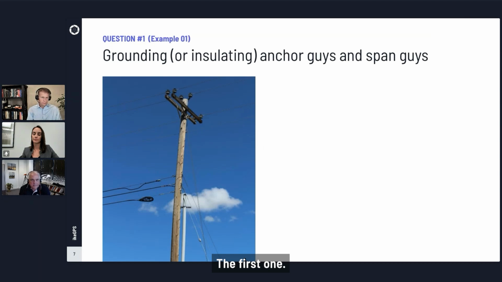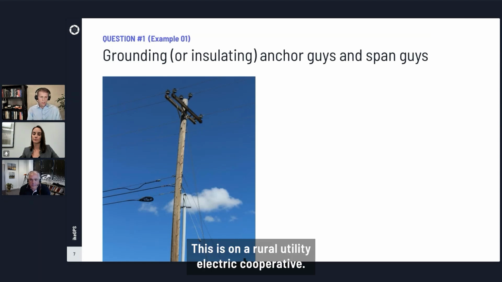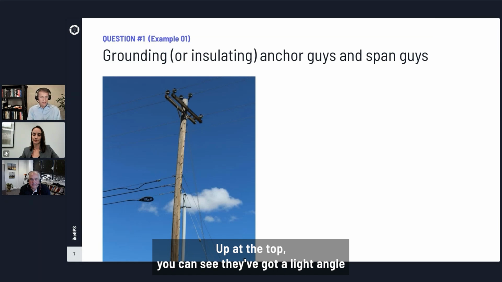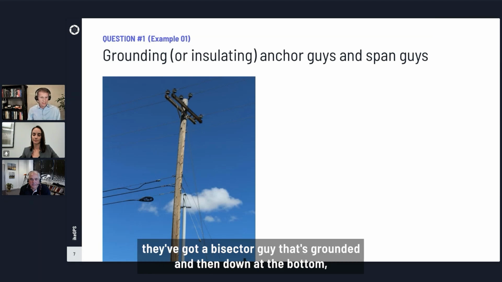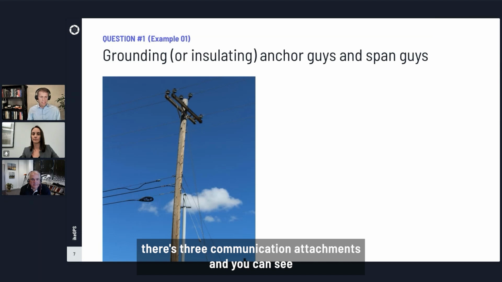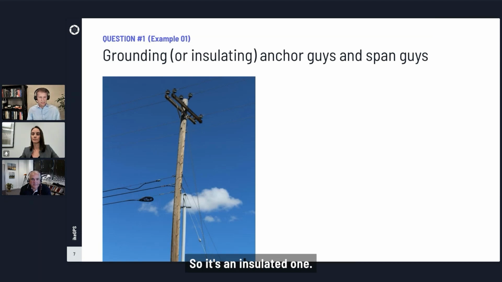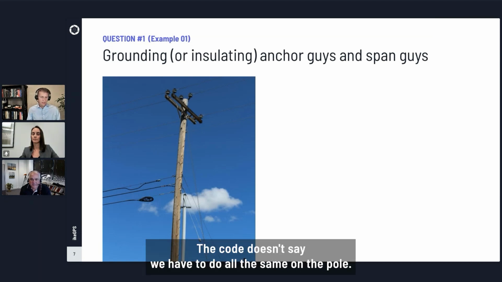First one is on a rural utility, an electric cooperative. Up at the top, you can see they've got a light angle. They've got a bisector guy that's grounded. Down at the bottom, there are 3 communication attachments. You can see the bottom one has a Johnny ball, an insulator in it, so it's an insulated one. The code doesn't say we have to do all the same on the pole.